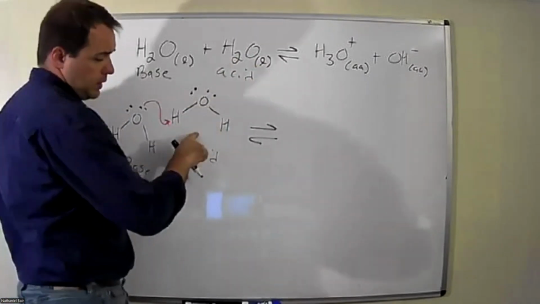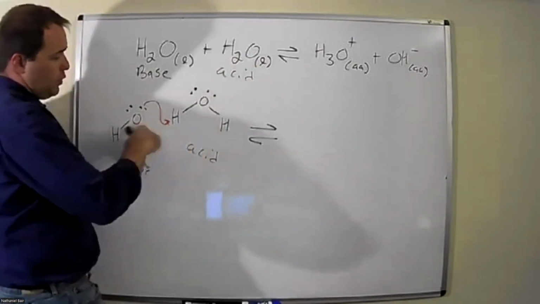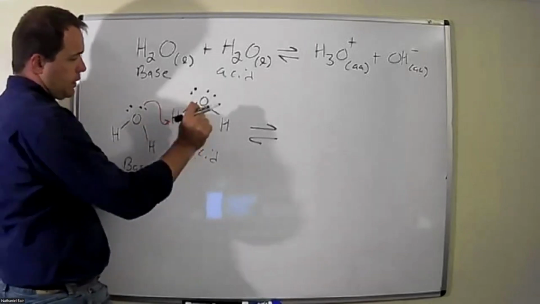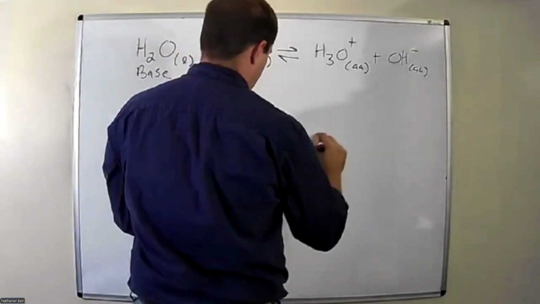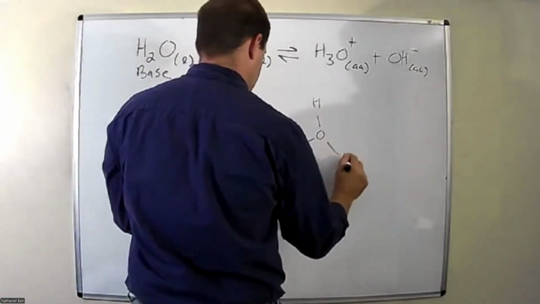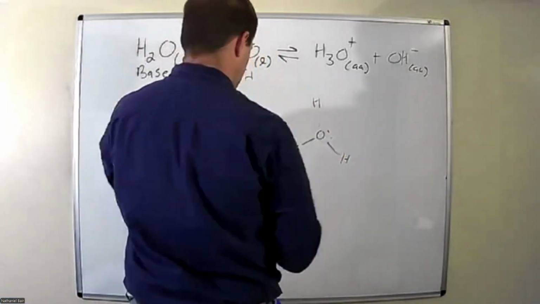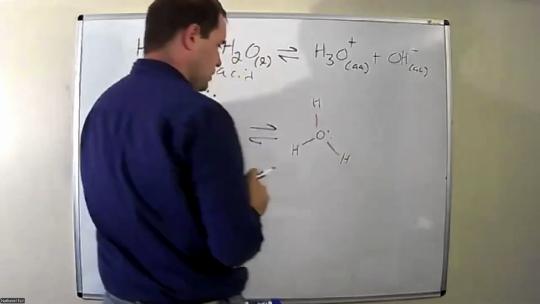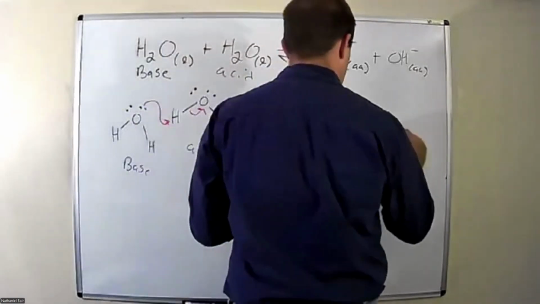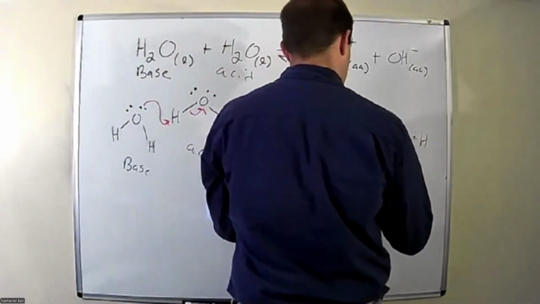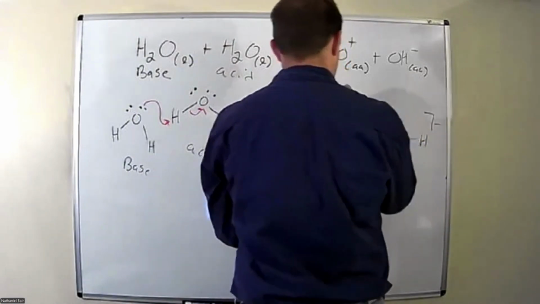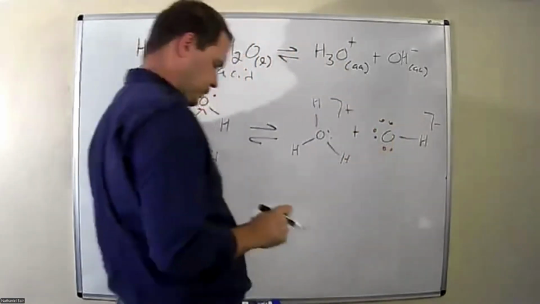And in the Lewis definition, that's a lone pair acceptor. We make a new bond here, and then these electrons go onto there. We get H3O plus. And we'll do that guy in red because that's new. And then we get hydroxide, like that.